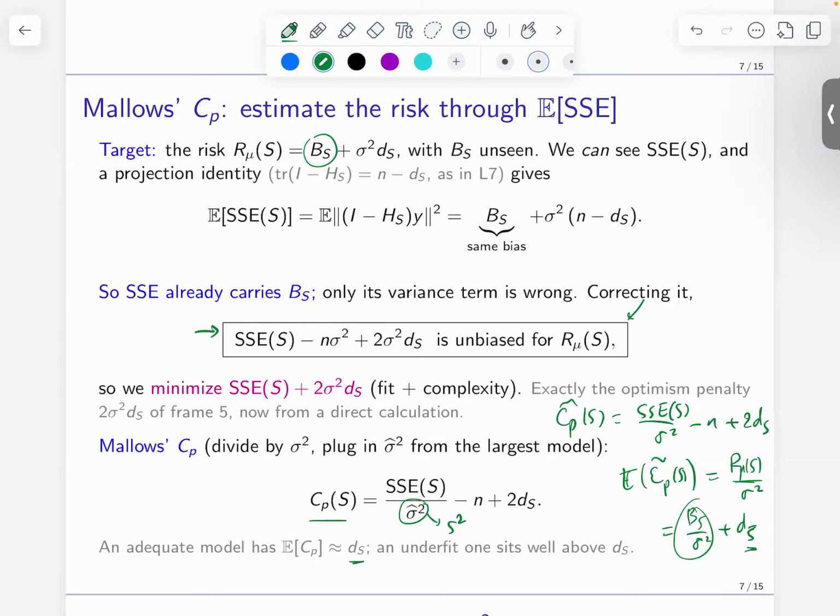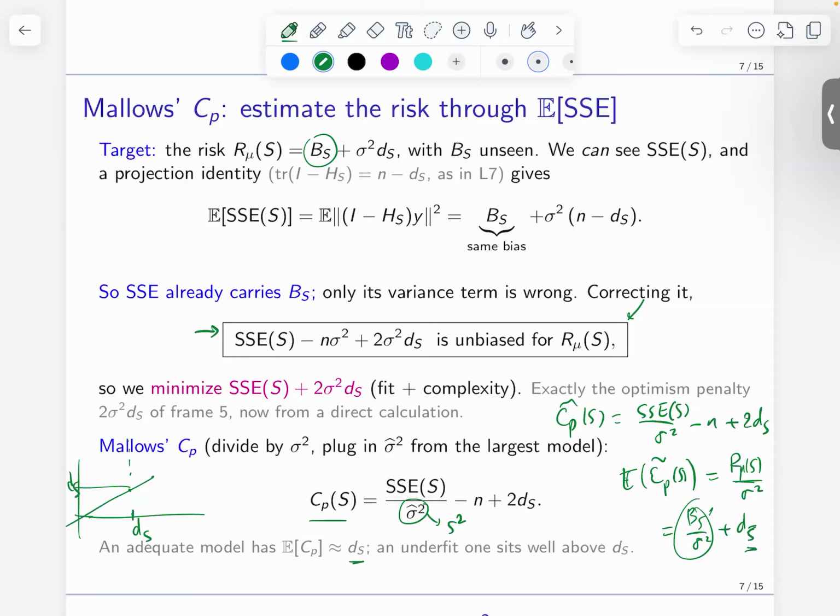But once the model is underfitting, then there is a huge bias. Usually this jumps up. By minimizing the CP, or traditionally they plot the models, the adequate models are close to the 45 degree line. So if the model has ds parameters and the CP is close to ds, then the model is adequate.